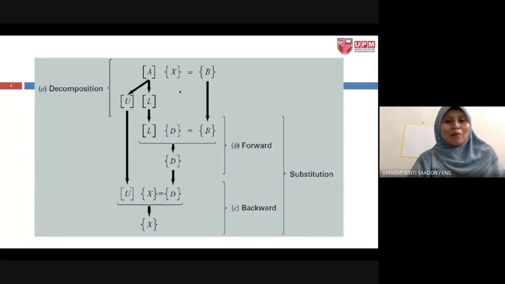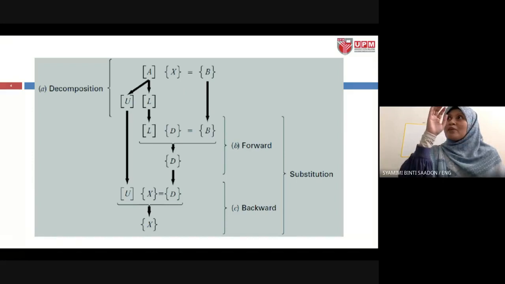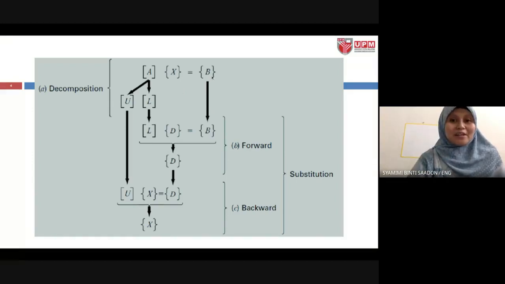But for a matrix like 1 times 3, X and B, or X and C just now, the bracket will be a parenthesis like this. So the notation is a bit different, but it's just notation and definition.